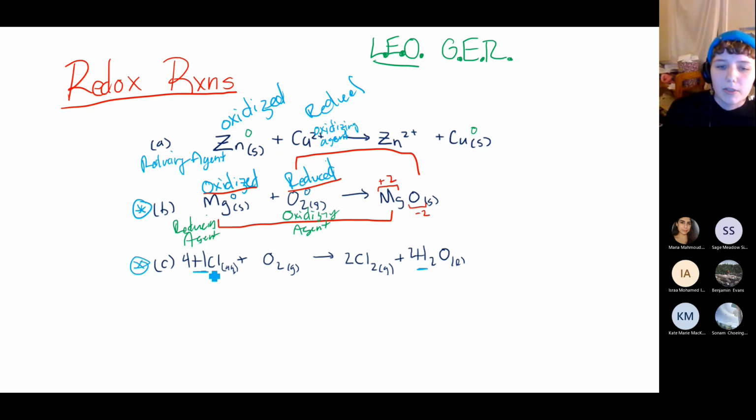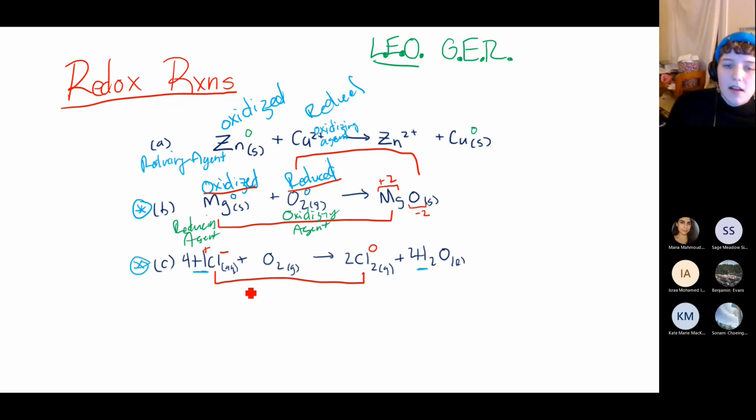You don't have to worry about that often, or at all. So we just ignore hydrogen, we'll look at the chlorine. So here chlorine has a charge of 0 and here chlorine has a charge of negative 1, and we know that because hydrogen's almost always plus, so chlorine would have to be negative. There's also oxidation state rules.